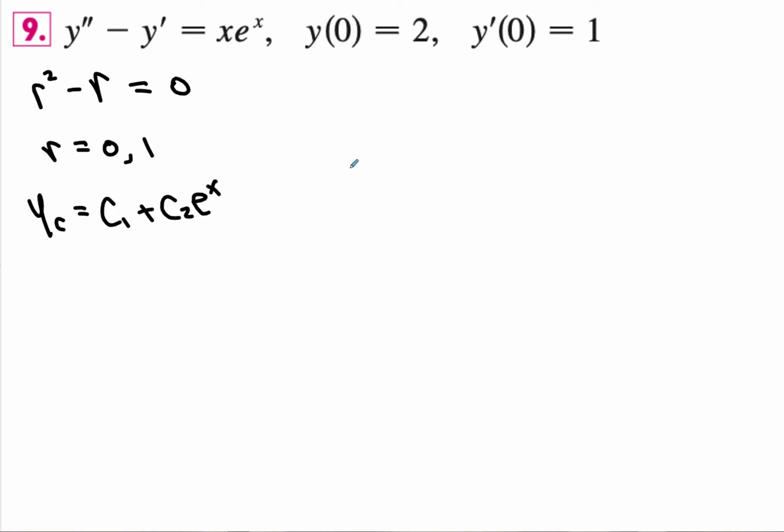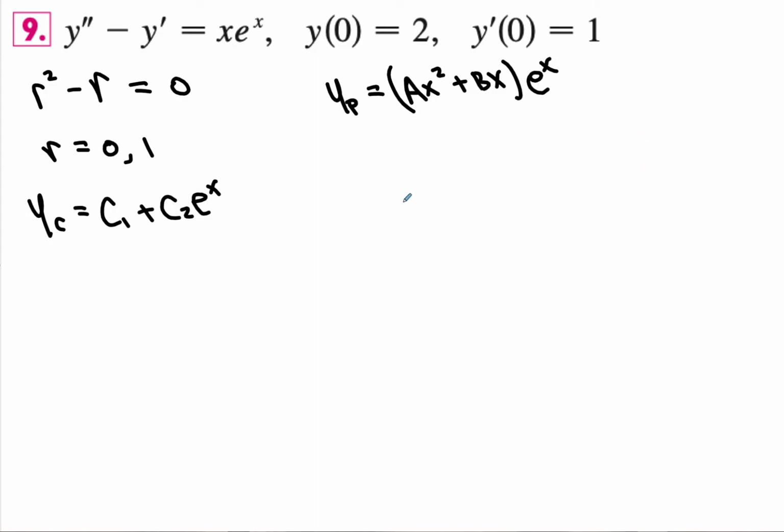Now, second, knowing that our result has to be x e to the x after the first derivative and second derivative put together, at most the particular solution y could have been ax squared plus bx, and then e to the x.